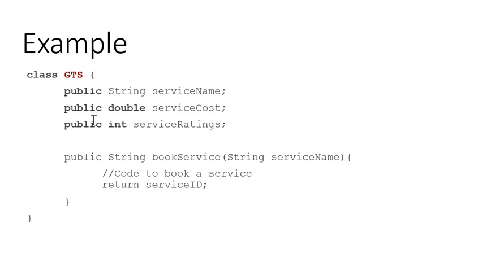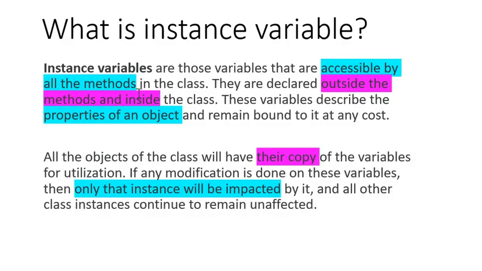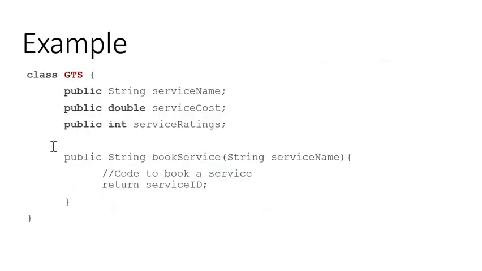Let's see what other properties it has. Instance variables are those variables that are accessible by all the methods in the class. Here I have given you an example of one method. If you have many more methods here, then all the methods will also be able to access these variables.